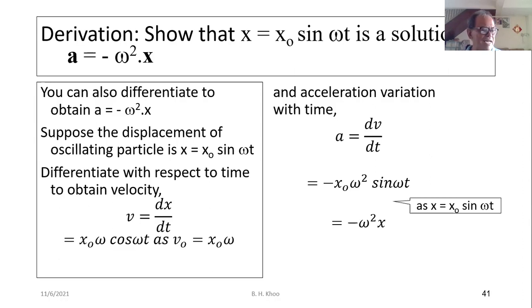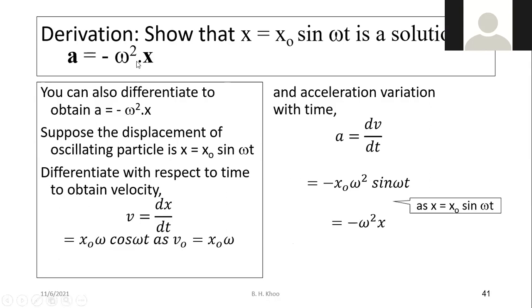Nothing much. As long as you understand it and know how to derive it, that's all. Anything you don't understand? They said show that x equals x naught sine omega t is a solution. So that means they want you to go from that to the acceleration.